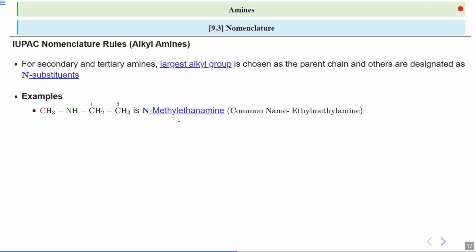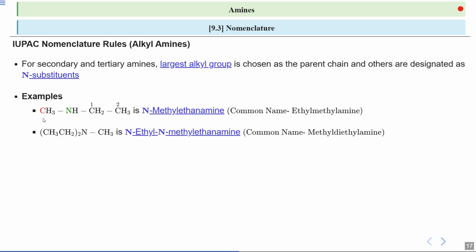The common name is ethyl methyl amine, because there is one ethyl group and one methyl group. So the N over here shows that this methyl group is directly attached to the nitrogen atom.